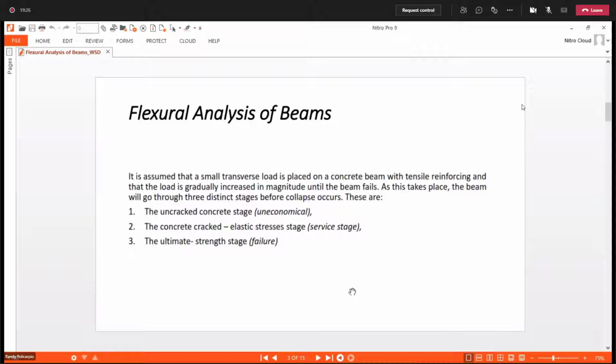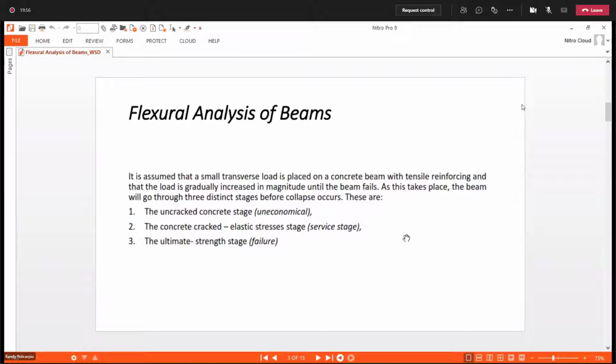What else? For this next slide, we're going to consider the three distinct stages of a beam, wherein we apply load on a beam and gradually increase the load. The beam will have three distinct stages before it will collapse.